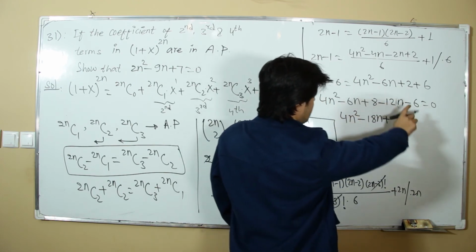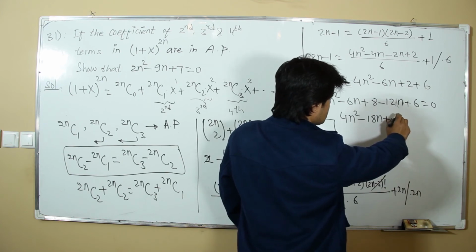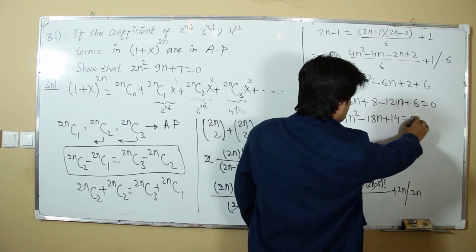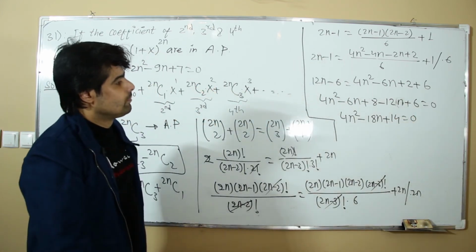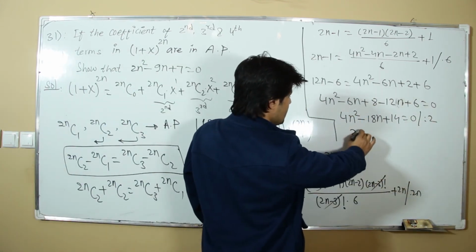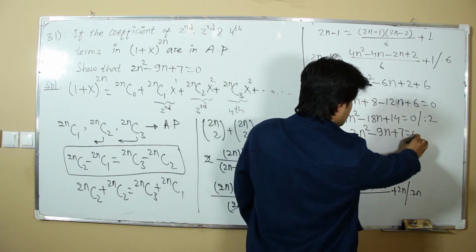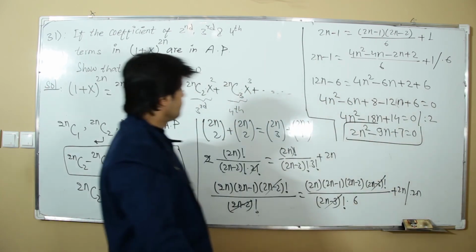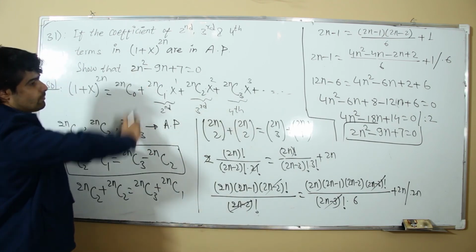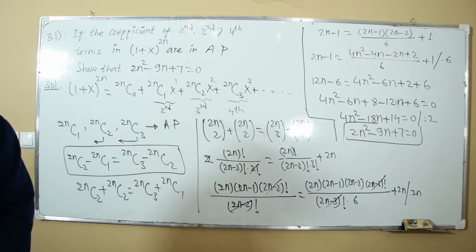Minus 6 put to the right side is plus 6. 8 with 6, it is 14, equal to 0. Now divide all sides by 2. You will have 2n square minus 9n plus 7 equal to 0. So it is proved. Write it, please.